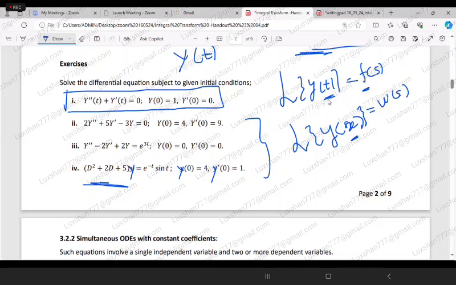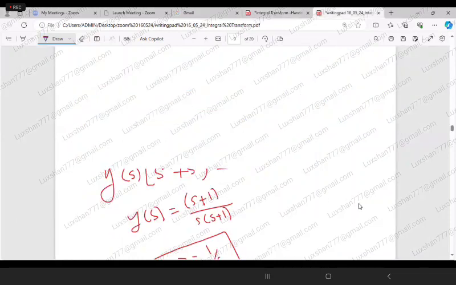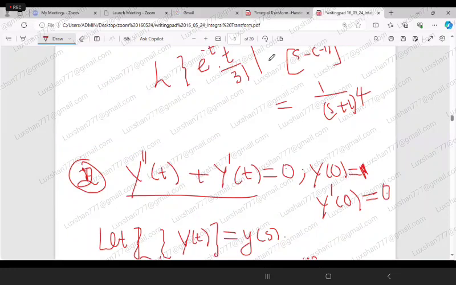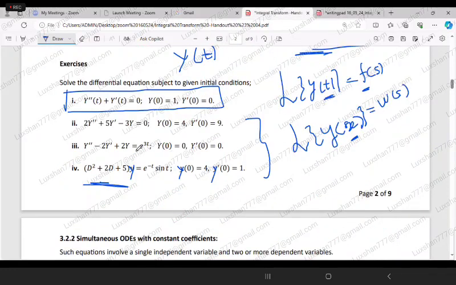So depending on the variable, we give the answer. Do you understand, no? Tell me whether you understand or not. Yes, sir.